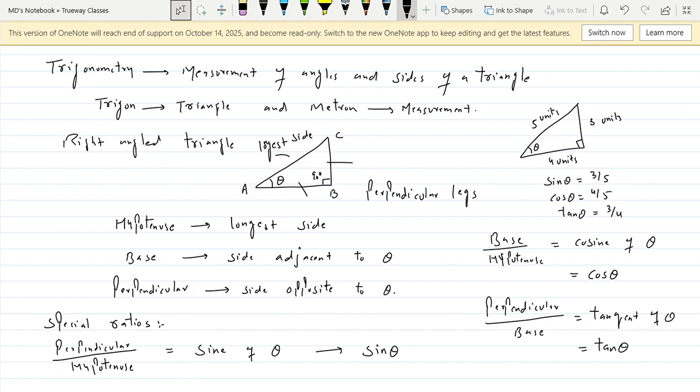Is it clear? So we use these trigonometric ratios. I think this is enough for today.